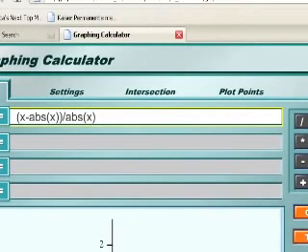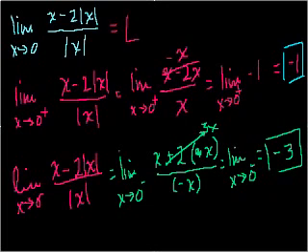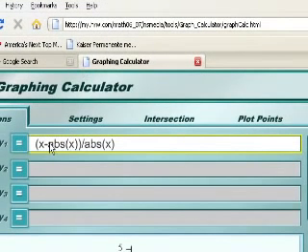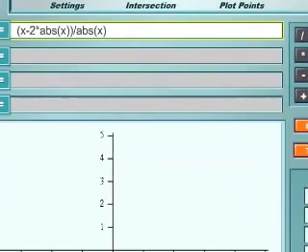Zoom out. So this is this, right? Oh, sorry, it's x minus 2 times the absolute value of x. Graph. There you go.